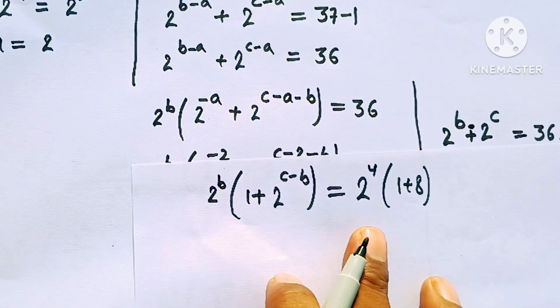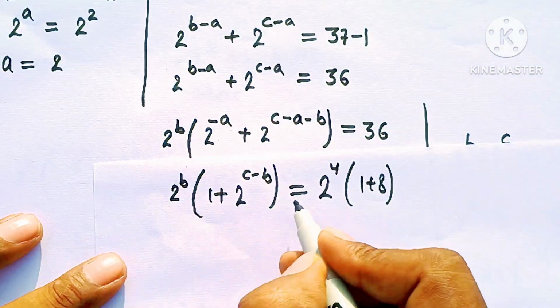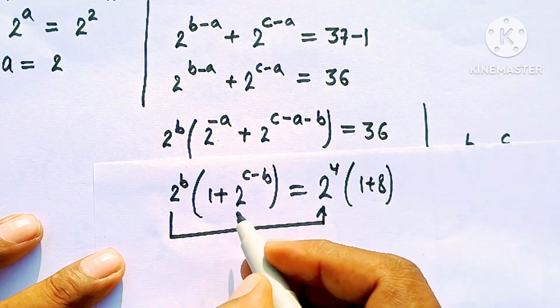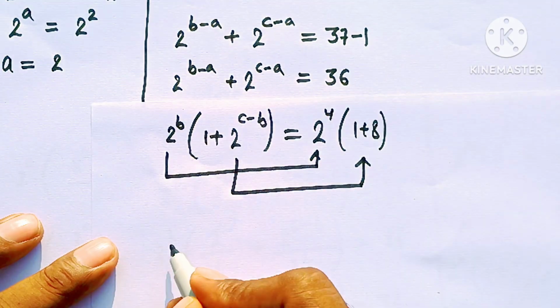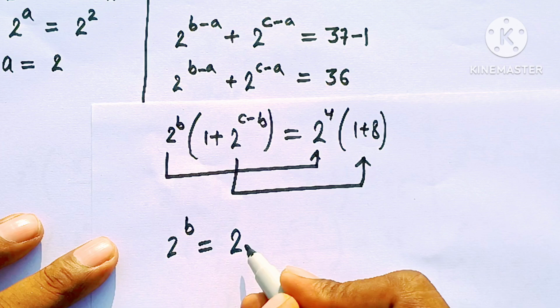So this term can be equated with this, and this term can be equated with this. So I'll have 2 to the power b equated with 2 to the power 4.